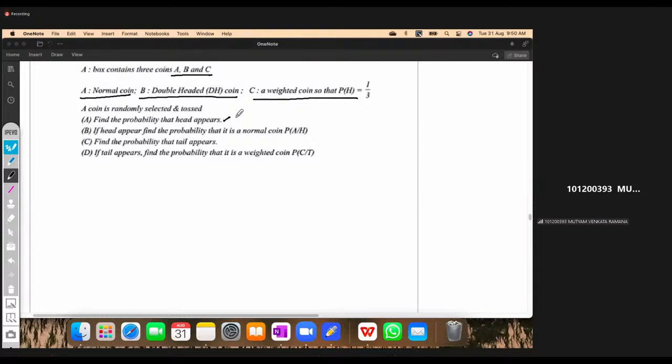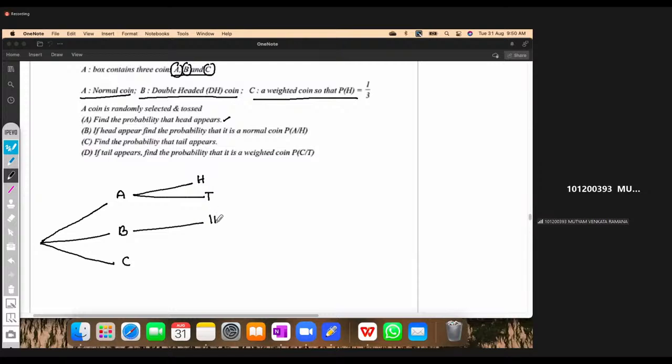So you can select A or B or C. You are selecting a kind. A is head or tail.